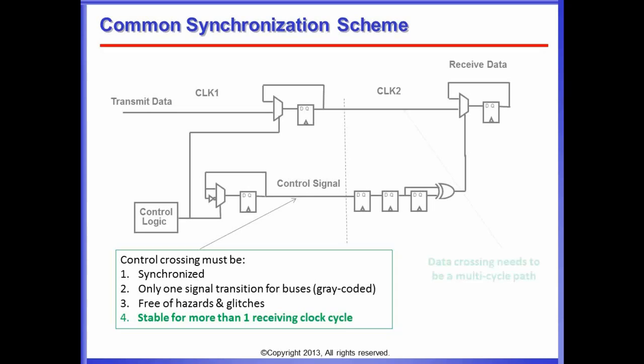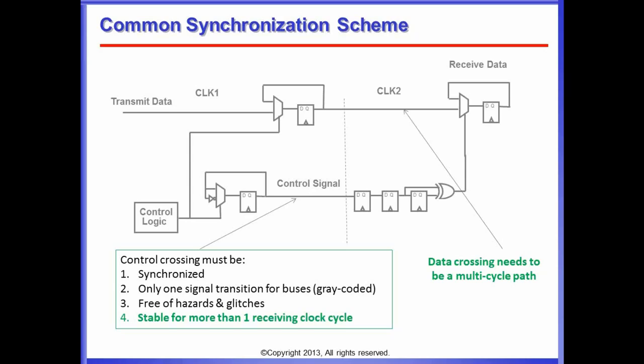The other thing you have to take care of is that the data crossing needs to be a multi-cycle path. What the structural analysis determines is whether you have these two flip-flop stages and whether you have these data paths controlled here.